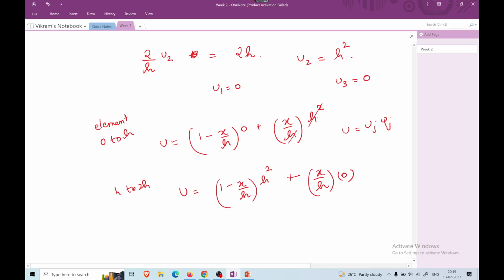Sorry, x by h to hx. So here 1 minus x by h to h square. Here h by h to h square. So this is the u value.